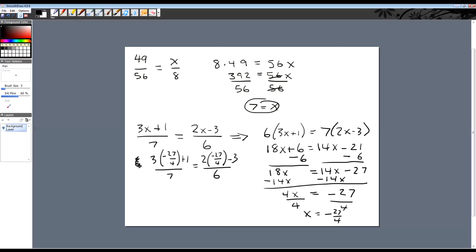So 3 times negative 27 fourths gives us negative 20 1/4 plus 1 over 7 equals negative 13.5 minus 3 over 6.